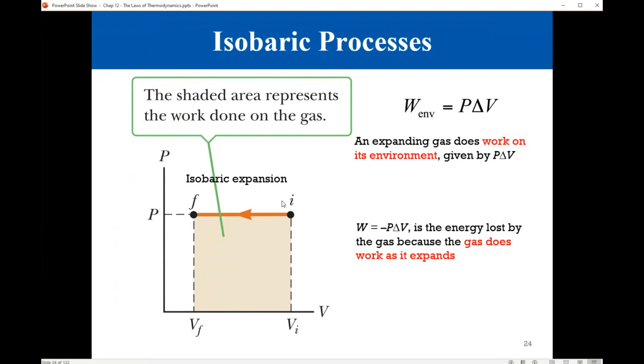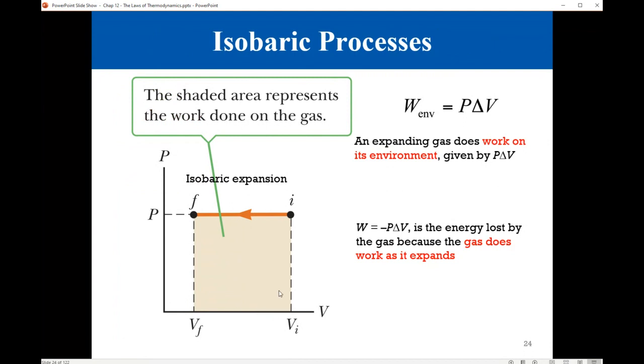This is an example of an isobaric process. So here you see the pressure is constant. This process goes from state I to state F. So the volume is reduced from this value, Vi, to this value, Vf. This is a compression of the gas.